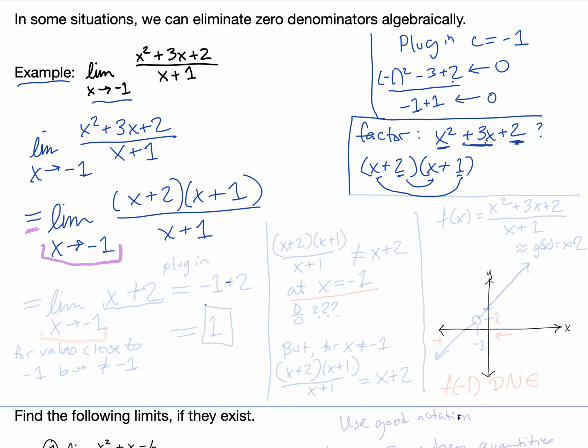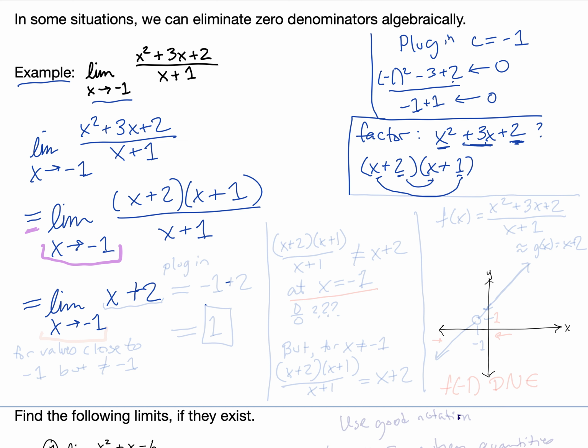Okay, so continuing on, now this is equal to the limit as x approaches -1 of, canceling out the x plus 1 in the numerator and the denominator, just x plus 2. Why is that the case?